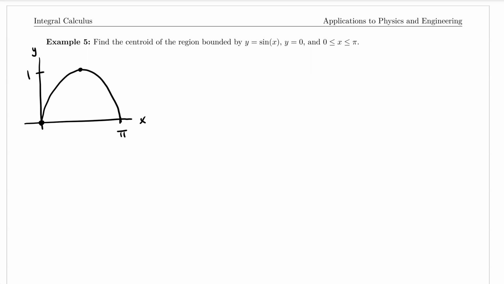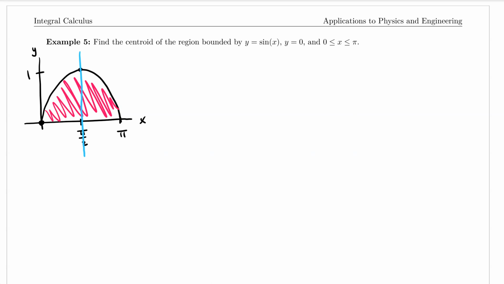Okay, so we know that sine of pi over 2 is equal to 1, and we're trying to find the center of mass, or the centroid of this region that's bounded here. I will shade the region in pink. Because this isn't something like a rectangle, we can't just say that it's at the center, although we can use the symmetry property, which is really nice, because on the interval from 0 to pi, sine is symmetric this way.